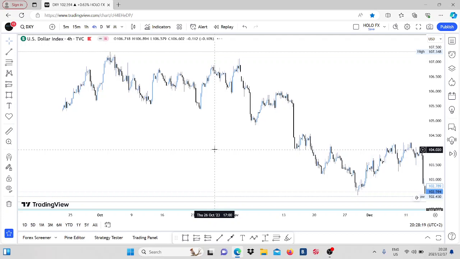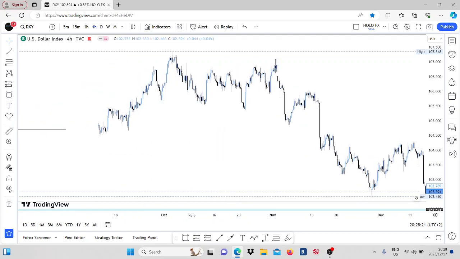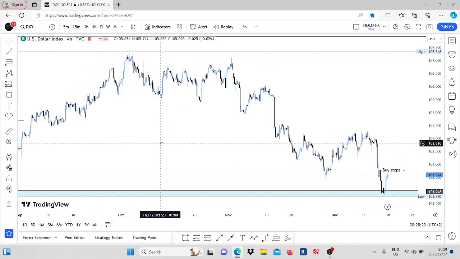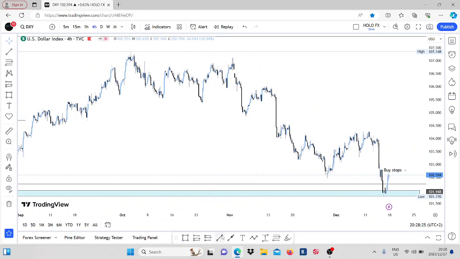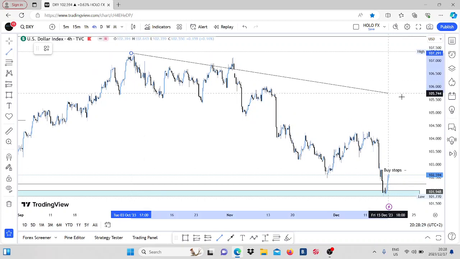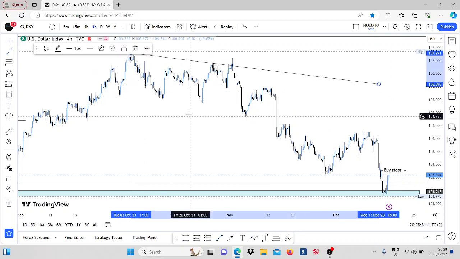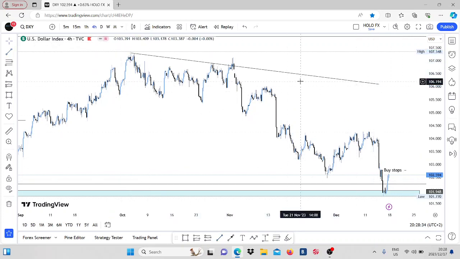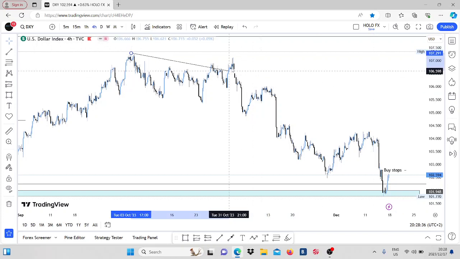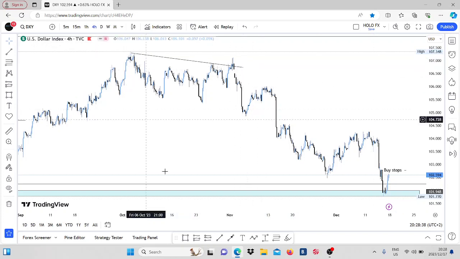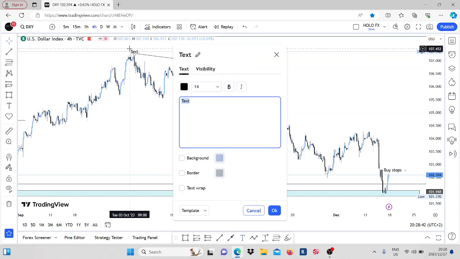But I just want to show you that we are not yet buyers until we exit this downward trend. The market is still moving downwards, because here we can clearly see the price was a high.